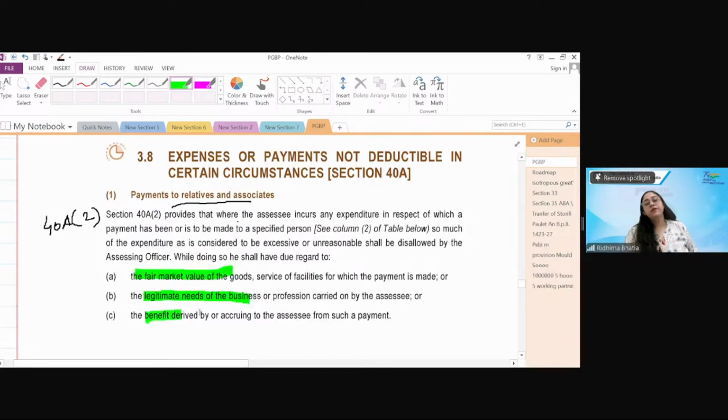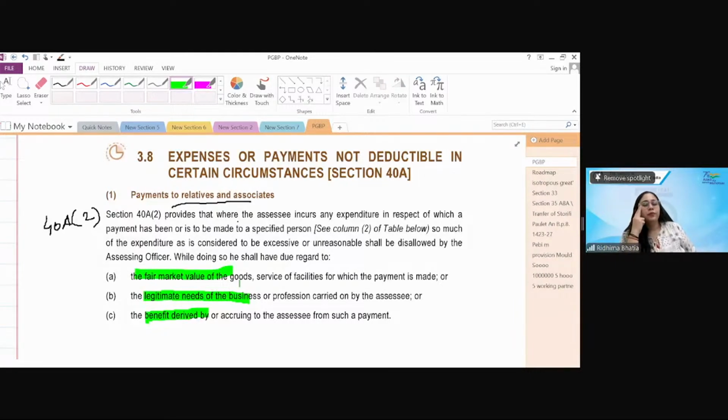And what benefit the assessee gets from that expenditure should be seen. So deduction would only come into the picture when it's a legitimate need and a reasonable expenditure. Now, who will decide this reasonable expenditure? The AO will see whether it is reasonable or not, and then he will ask you to prove it.